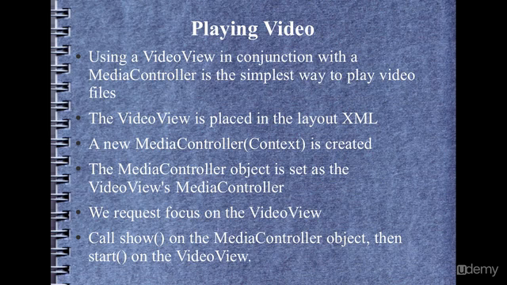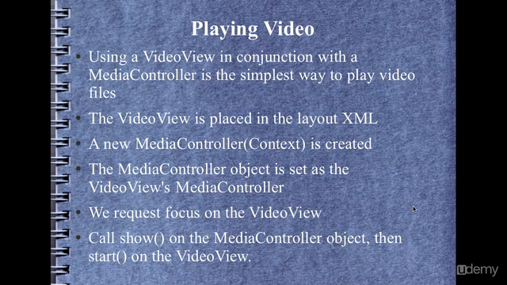Then we take that media controller object and use set media controller. We call set media controller to set it as the video view's media controller. Then we request focus on the video view, which I'll show you in the video demo.